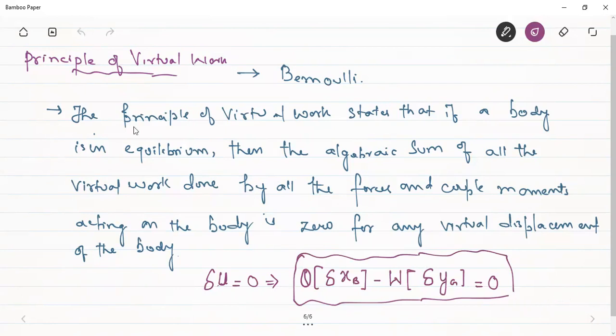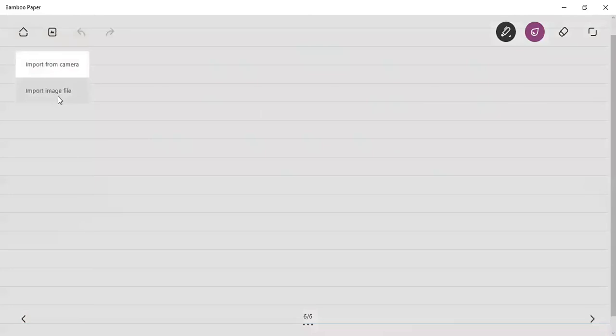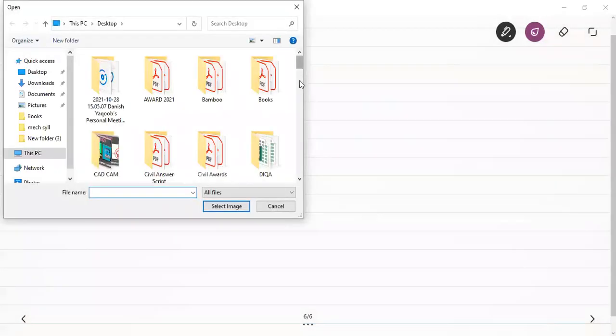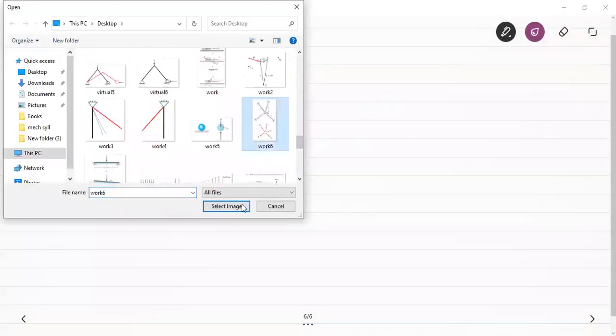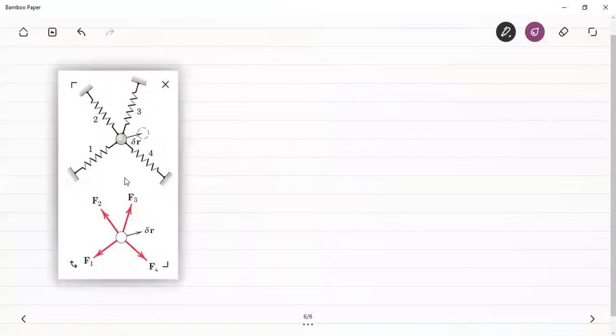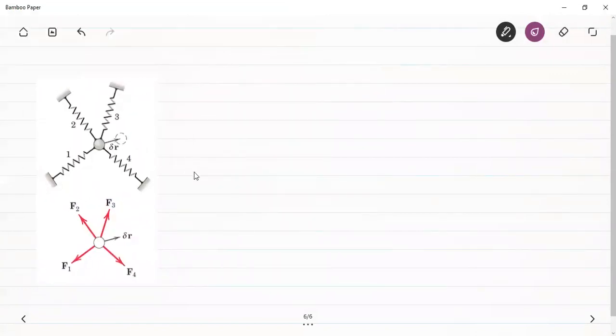Now let's see this principle of virtual work for a particle. Although it's of no use for a particle, we can still get some concept from this. There is a ball which can be treated as a particle, or any point mass. There are various forces acting on it.